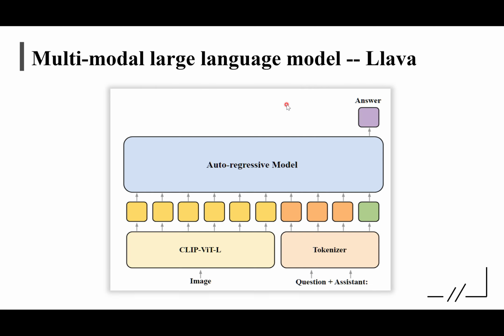This is a very popular architecture of the multimodal large language model, LLaVA. There is a large language model, and before that, the image is encoded by a large vision encoder into several image patch embeddings. These embeddings are concatenated with the word embeddings and the last token embedding.